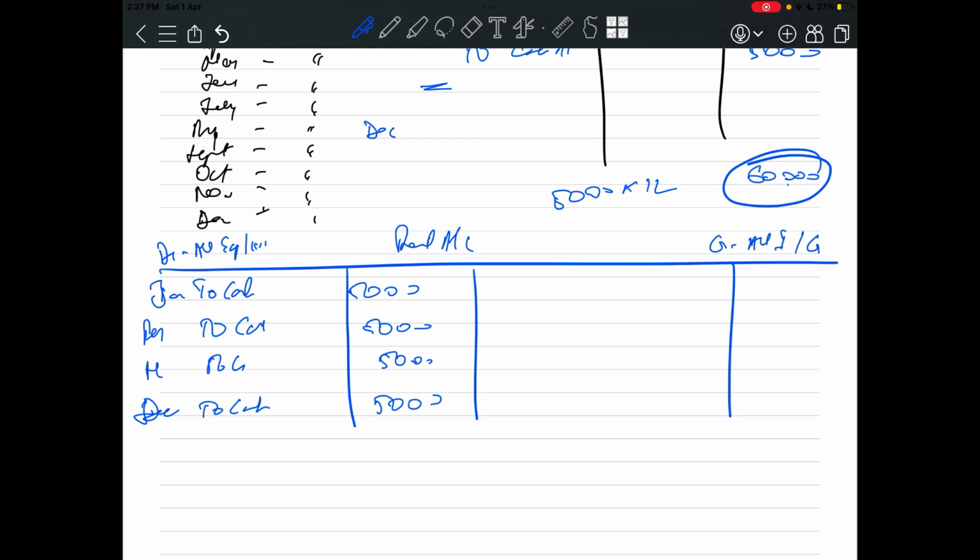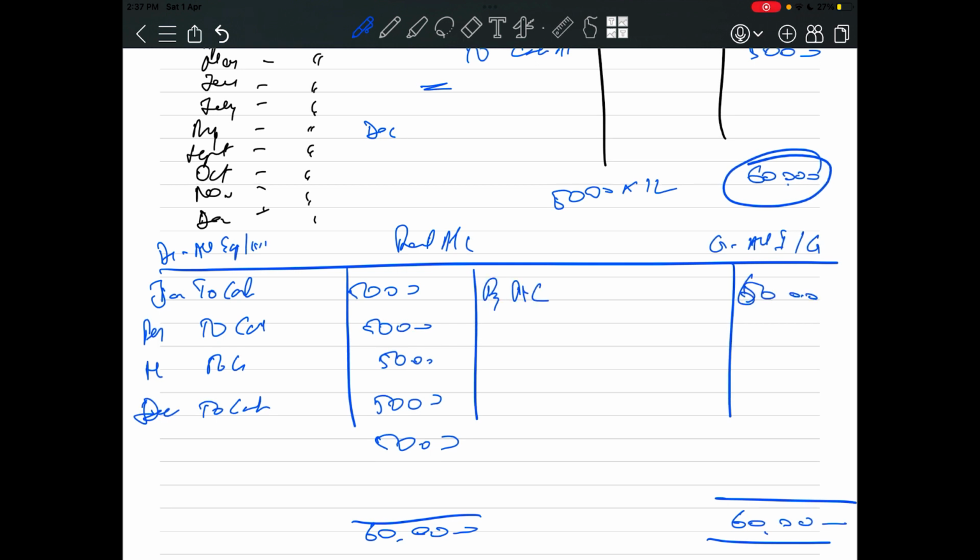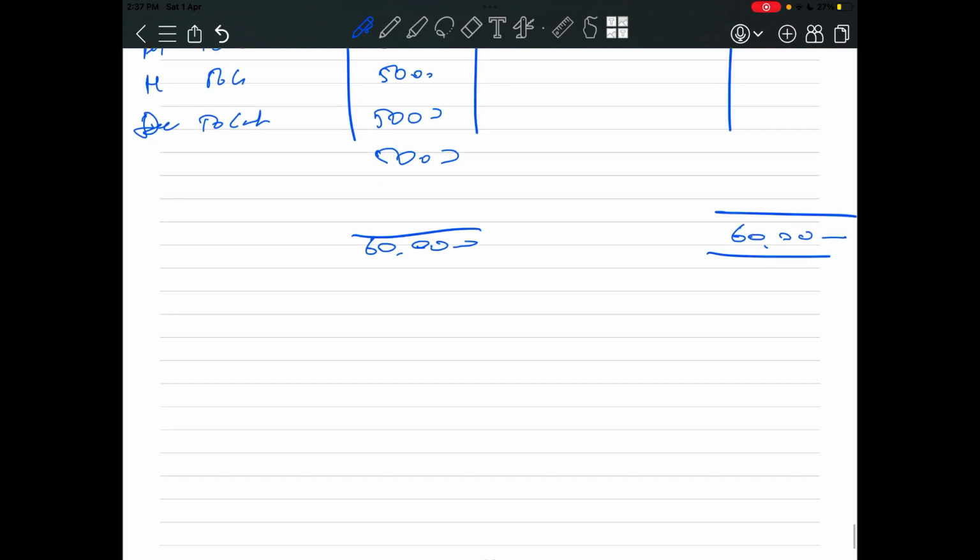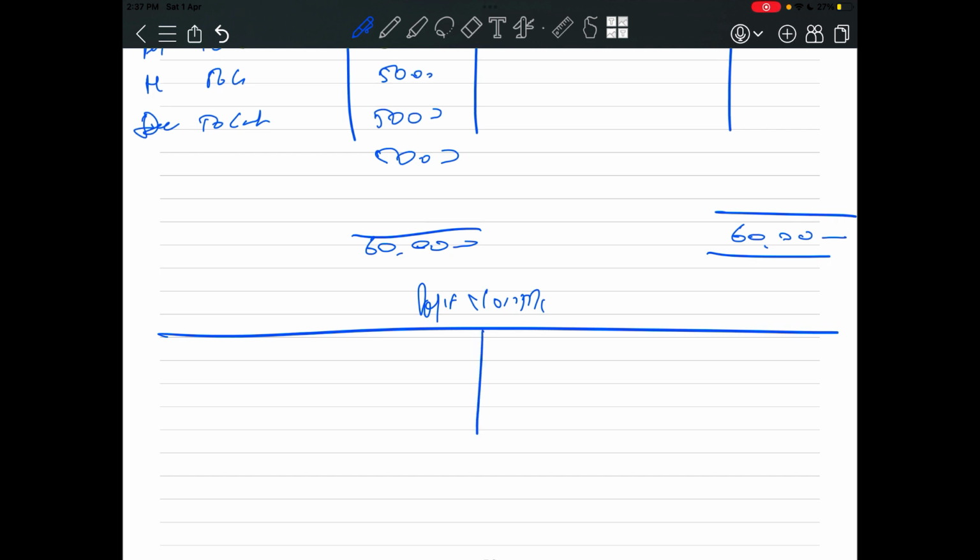Now see, why do we call it a temporary account? Let's say the total rent is 60,000. Now at the year end, this rent of 60,000 will be transferred to the P&L account. This is the reason why, when you make your P&L account, you will debit here rent 60,000.